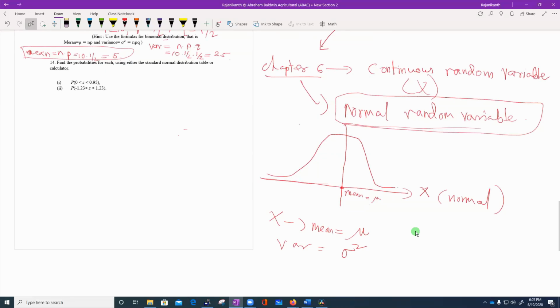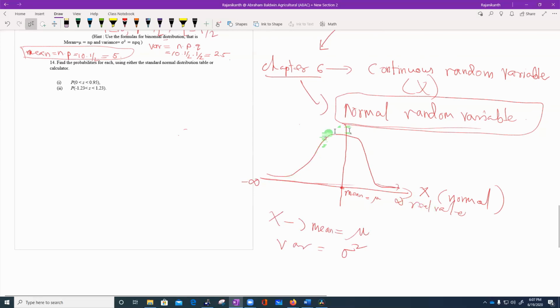These are the properties you have for the normal random variable. It is a bell-shaped, symmetric curve, and this curve never touches the x-axis but goes all the way along. You could pick any real value from negative infinity to positive infinity. So your random variable x may have any value between negative infinity and positive infinity, right?